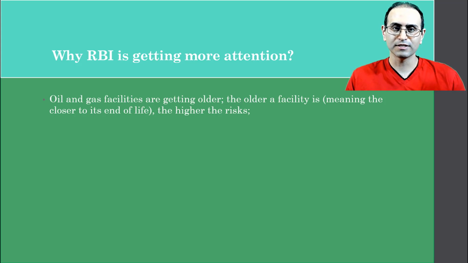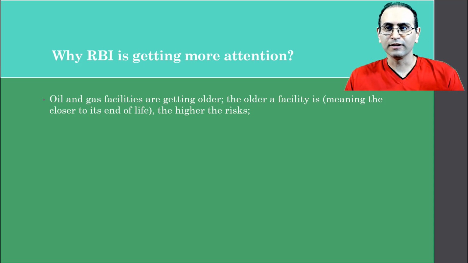Every piece of equipment is closer to the end of life and has lost thickness, so any type of leak or failure might happen at any point in time, and it's happening right now. It has caused a lot of cost to the company, and a lot of risk to personnel, to the public, and to the environment.